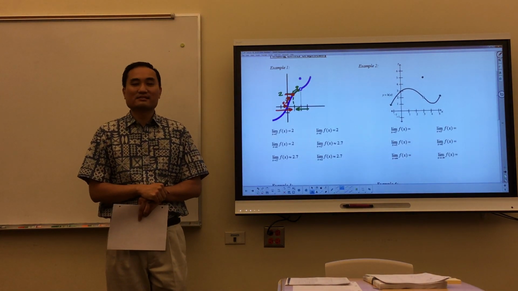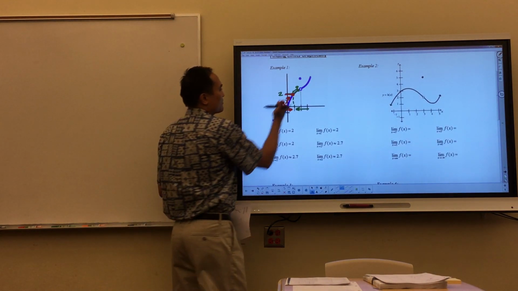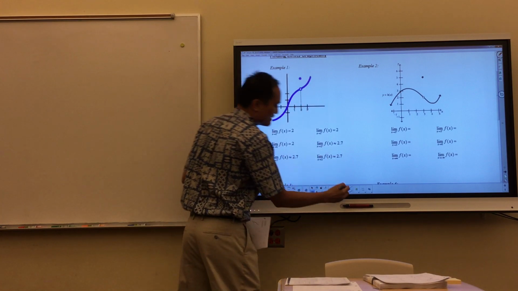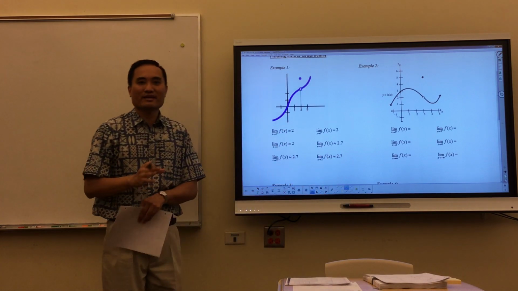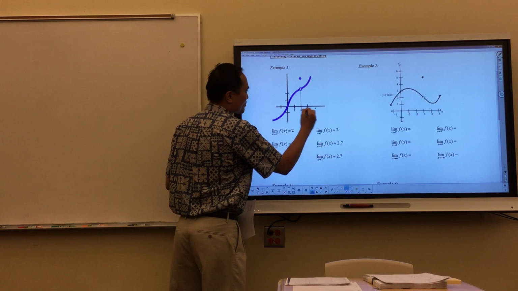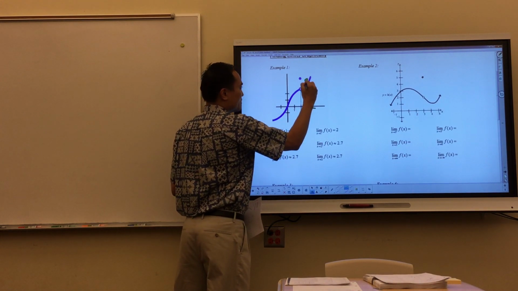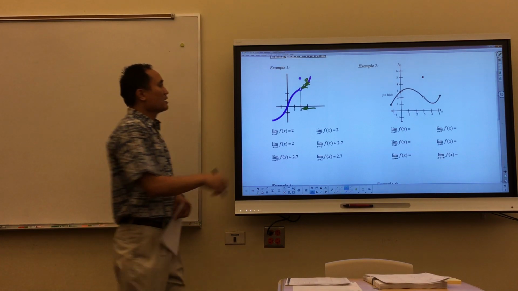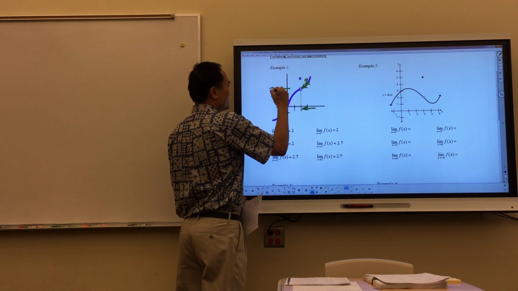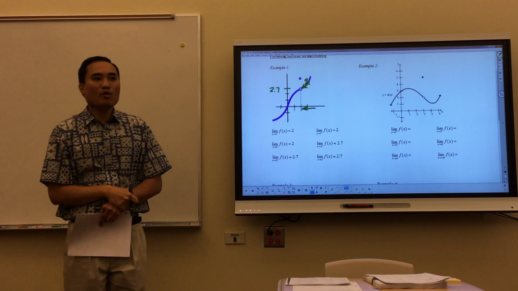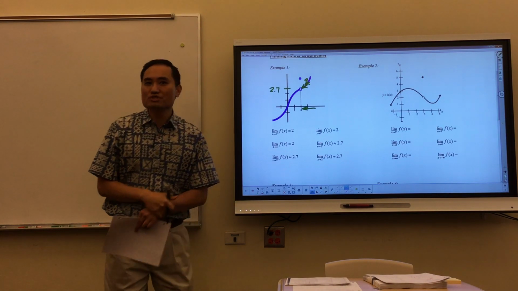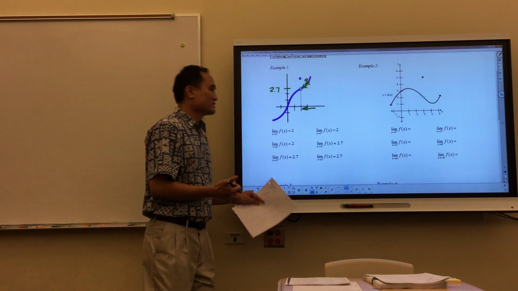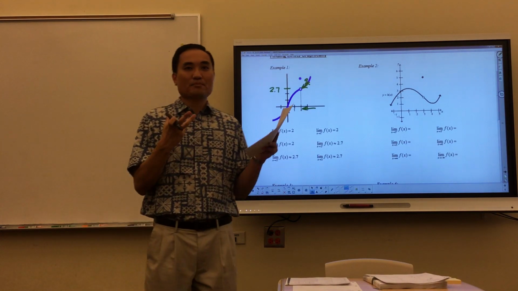Now we're going to approach x equals 2. Approaching x equals 2 is similar, but there's one thing that's a little bit different. When we approach 2 from the right, we are approaching an open circle. And I estimated this to be 2.7. What y value are we approaching? 2.7. The key here is the approach.